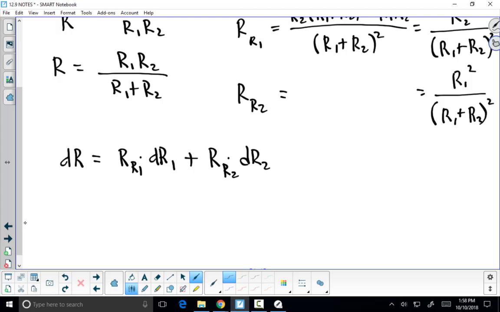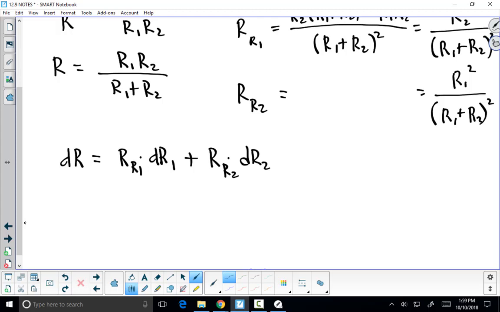So the difference between this and the percent change is that percent change is dV over V, and this is just dV. So they'd be asking for the percent change in R versus an estimate of the change.